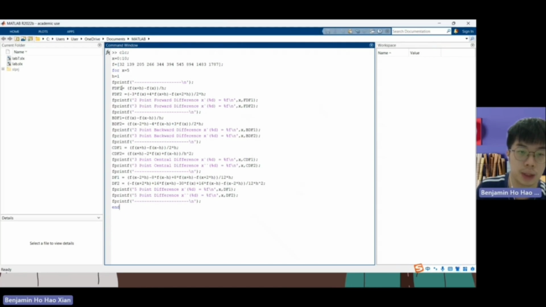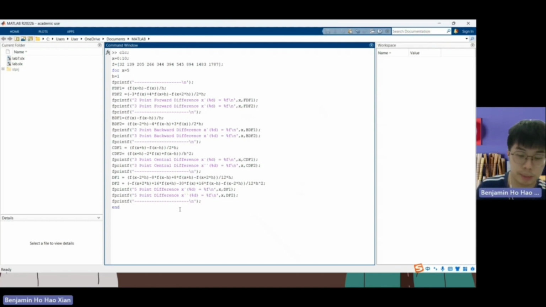Here this FDF1 is 2-point forward, FDF2 is 3-point forward difference, then the BDF1 is 2-point backward difference, BDF2 is 3-point backward difference, CDF1 is 3-point center difference, first derivative, CDF2 is 3-point center difference, second derivative, DF1 is 5-point difference, first derivative, and DF2 is the second derivative, 5-point difference.